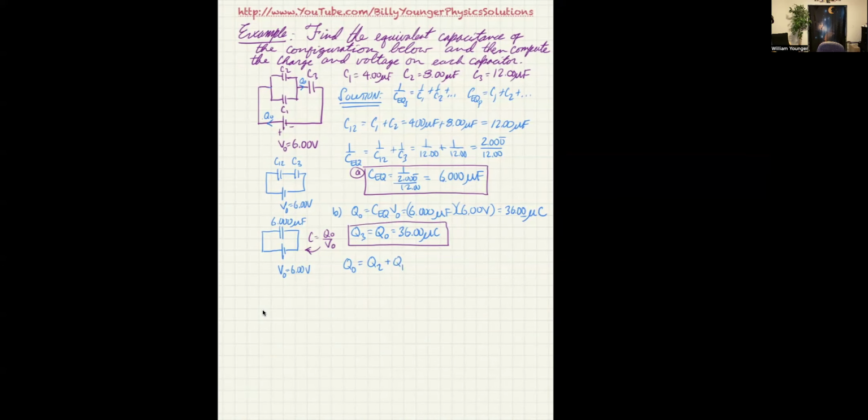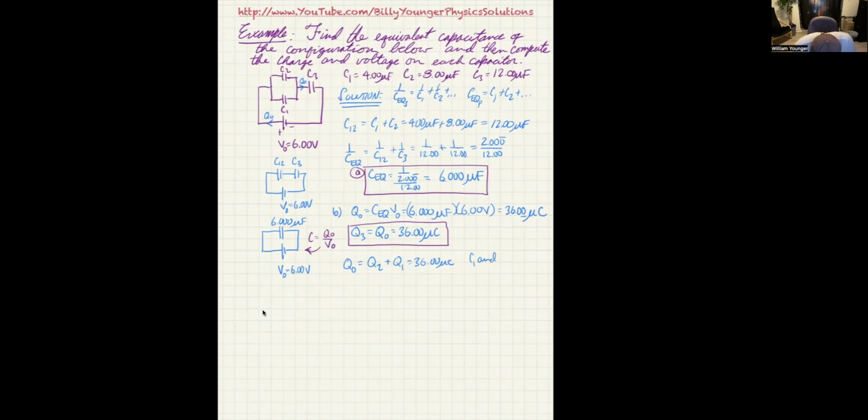So because of conservation of charge, part of it's going to go to C2 and part of it's going to go to C1. However, what goes to C2 and what goes to C1, when you add them together, they have to be Q0. So we do know that that's 36.00 microcoulombs.